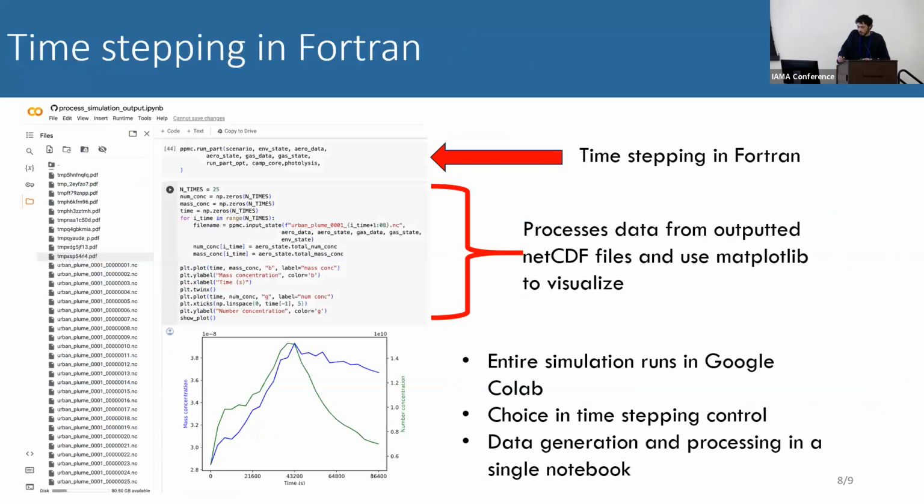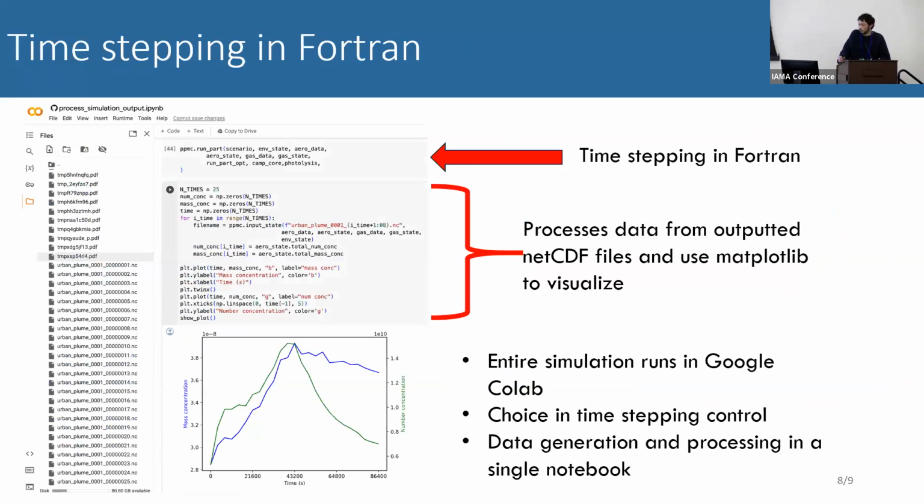Now in this next example, I'm showing a snapshot, just a small piece of an entire simulation that runs in the cloud through Google Colab. One thing that I want to note here is that time-stepping control remains with Fortran. So there's some flexibility in the way that we've decided to develop PyPartMC so that the user can decide whether they want time-stepping control to be in Python or remain with Fortran.